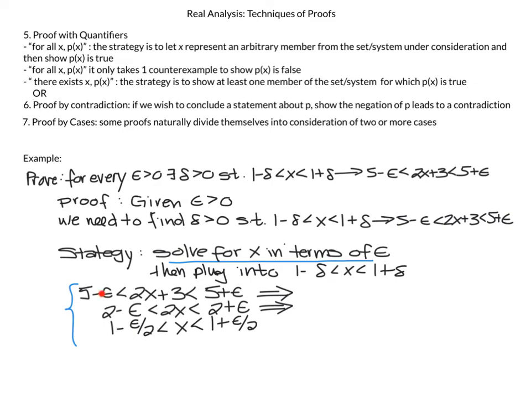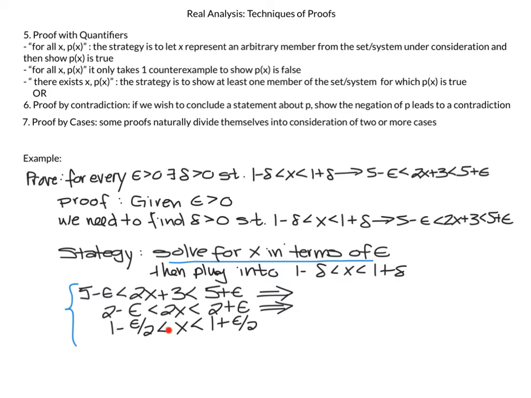We have 5 minus epsilon is less than 2x plus 3, which is less than 5 plus epsilon. So we can subtract 3 from everything. We have 2 minus epsilon is less than 2x, which is less than 2 plus epsilon. And then we can divide everything by 2. So we have 1 minus epsilon over 2 is less than x, which is less than 1 plus epsilon over 2. So again, we've solved for x in terms of epsilon.